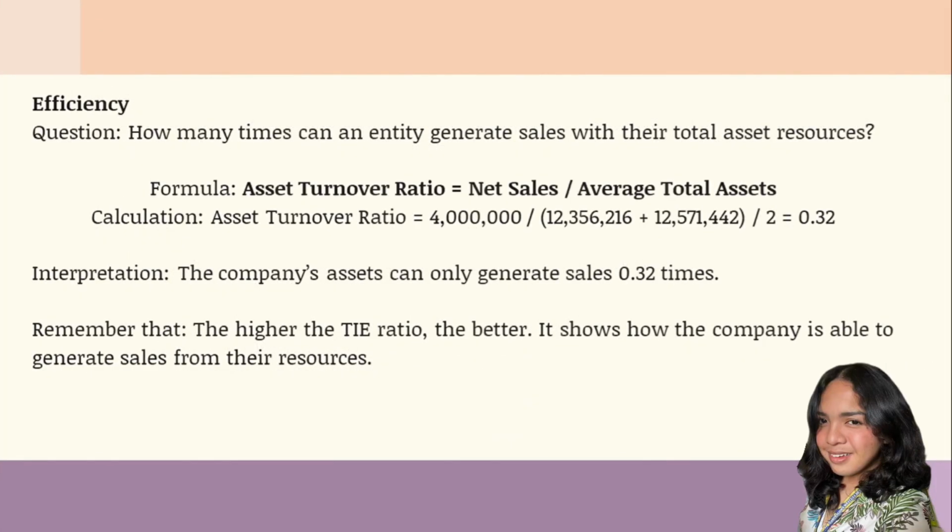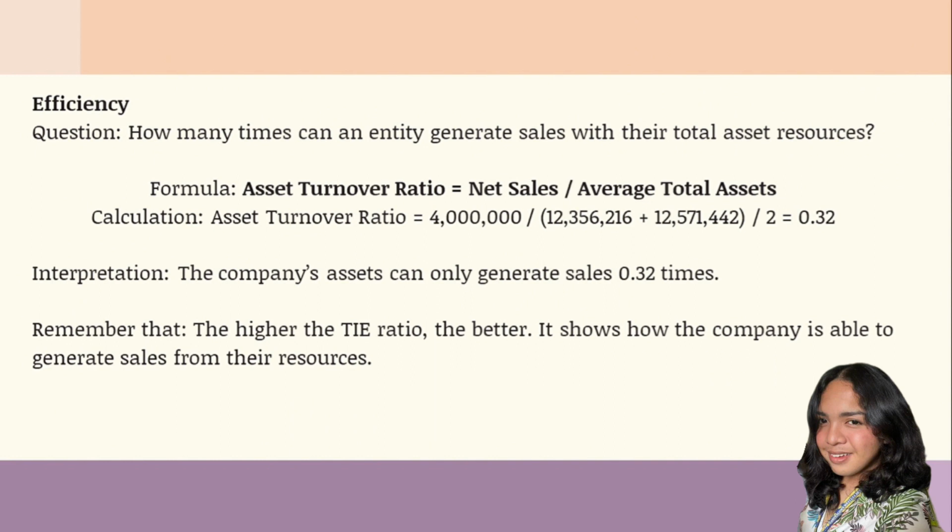How many times can an entity generate sales with their total asset resources? So the formula is asset turnover ratio equals net sales divided by average total assets. So asset turnover ratio equals 4 million divided by 12,356,216 plus 12,571,442 divided by 2, which equals 0.32.